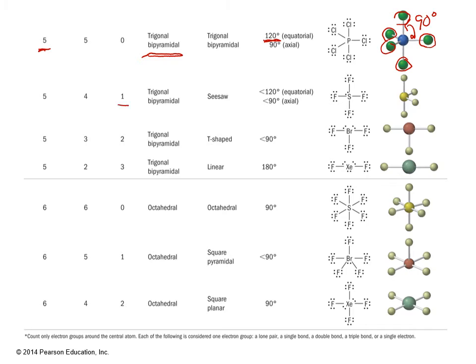If we have one lone pair in our trigonal bipyramidal electron geometry, that lone pair, in order to stay as far away from the other elements, ends up being in the equatorial position.